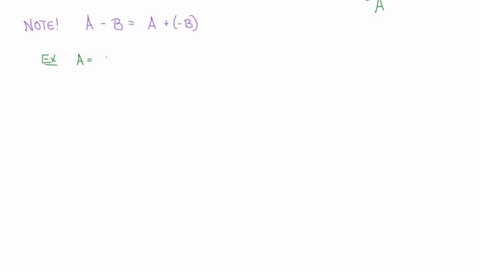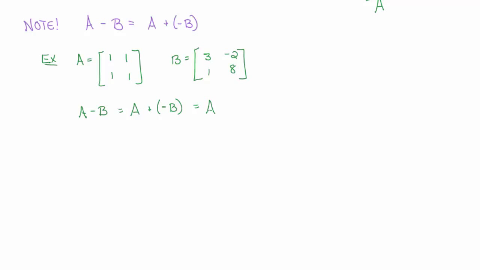I'll just create simple matrices. 1, 1, 1, 1 is what A is, and B will be 3, -2, 1, and 8, or something like that. Okay. A minus B would be the same thing as A plus a negative B. And for now, I'm not going to write it that way, I will just say that when you have a negative in front of a matrix, that means you're switching the signs of each element in that matrix.